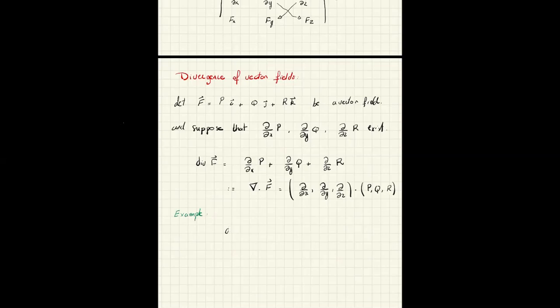If F is equal to x i plus y j plus z k, then the divergence of F is equal to the gradient dot F, which is dx of x plus dy of y plus dz of z, which is 1 plus 1 plus 1, which is 3. So it's a number.